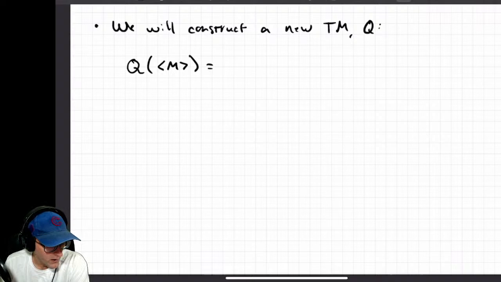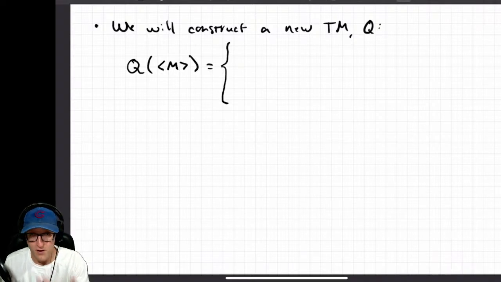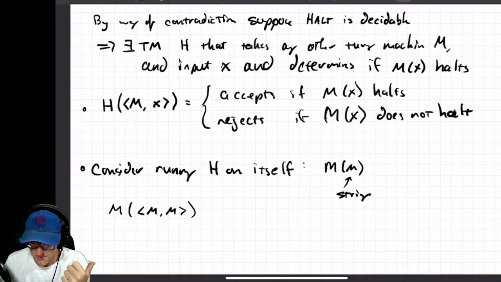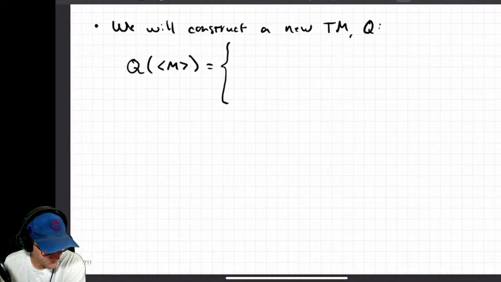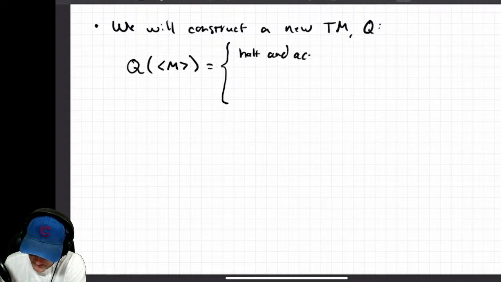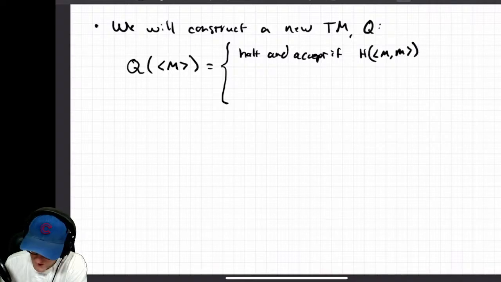What it'll do is call as a subroutine the supposed machine H that we have, which exists by way of contradiction. It will halt and accept if H on the encoding of M, of itself, does not halt.